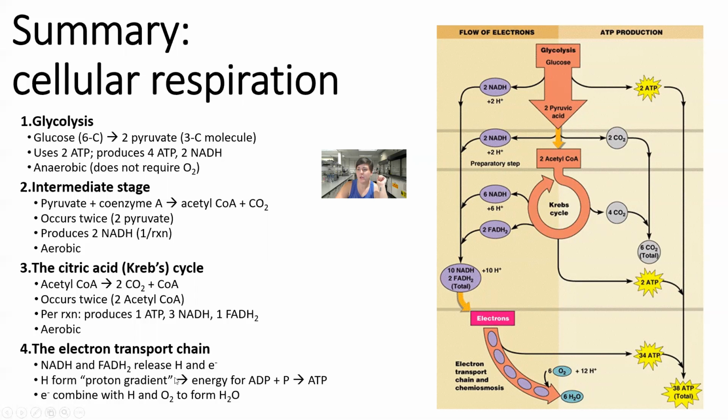These form a proton motive force or a proton gradient, which is producing a ton of potential energy. And every time a hydrogen flies through ATP synthase, this is enough energy for every 1 hydrogen to generate 1 ATP. And then finally, you have all those extra electrons combine with hydrogen and oxygen to form water. So oxygen is your final electron acceptor.